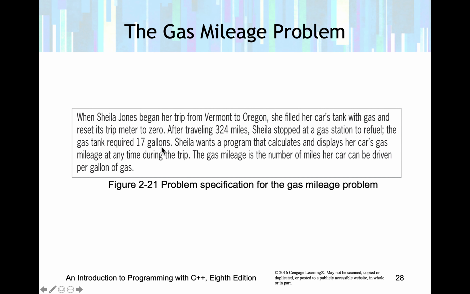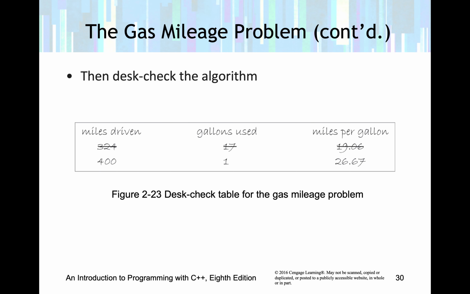So what you have to do, using your calculator, is type in 324 and divide it by 17, and it's going to give you 19.0588. So that rounds to 19.06. So she's getting approximately 19 miles per gallon.